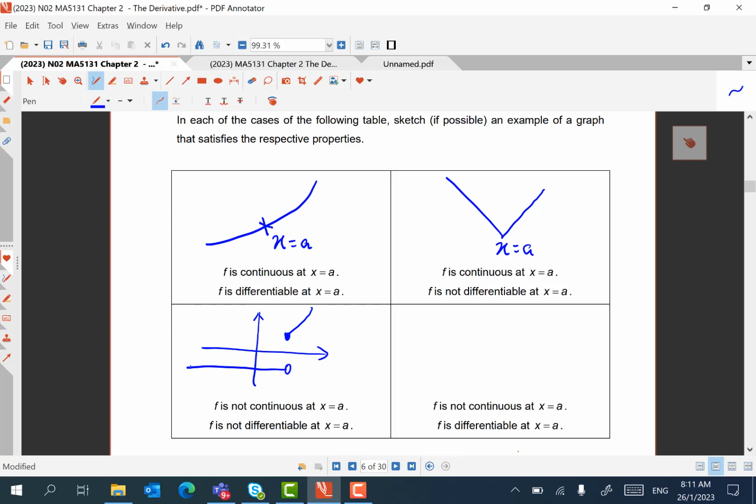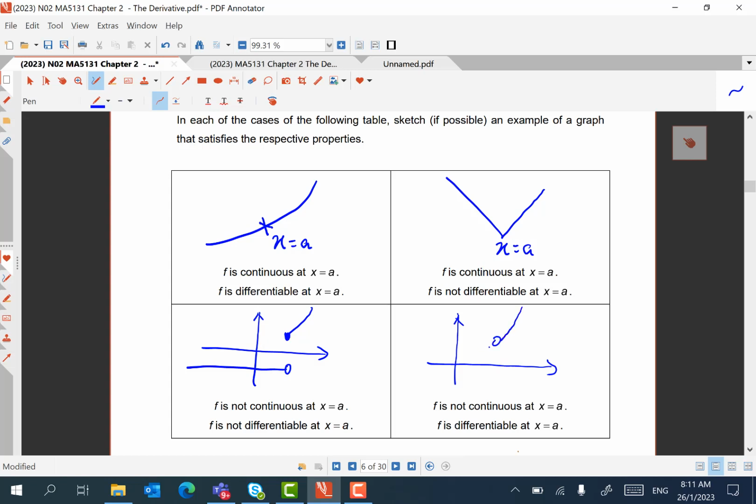And now for the last one. Can we draw a graph that is not continuous but differentiable? Like that, is it?